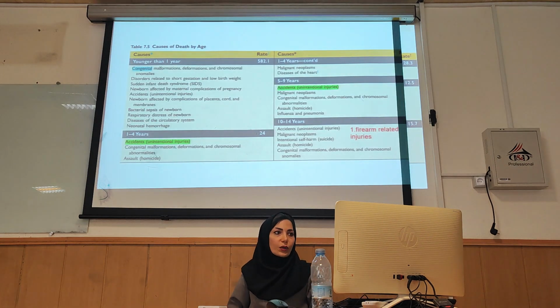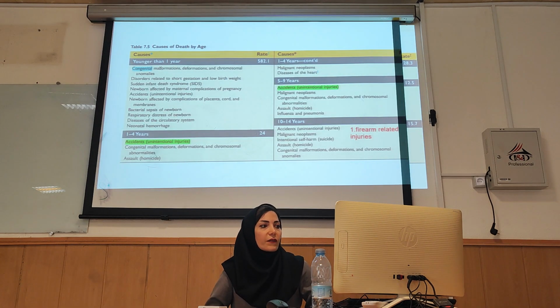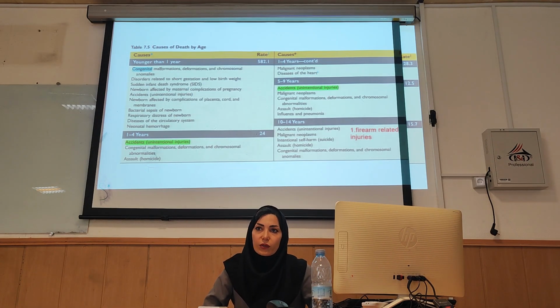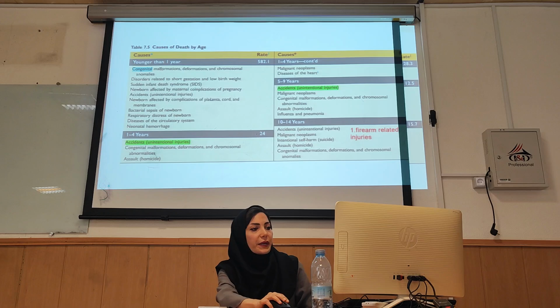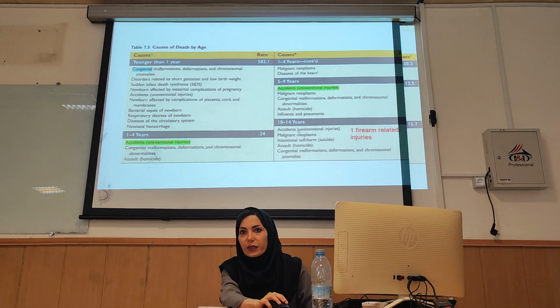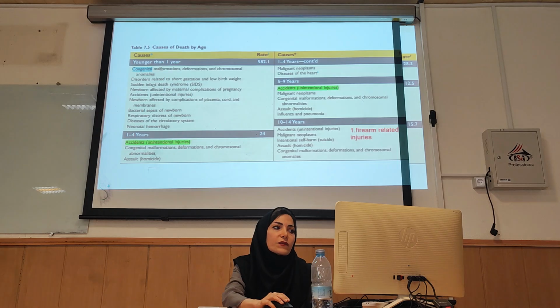This table shows you some causes of death by age. The childhood period is defined as birth to 14 years old.